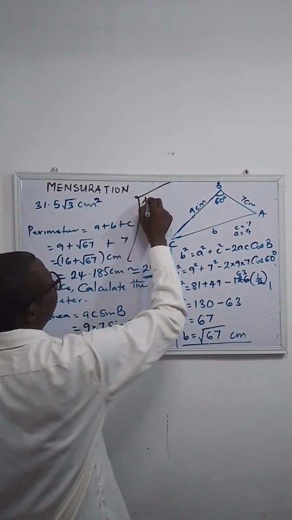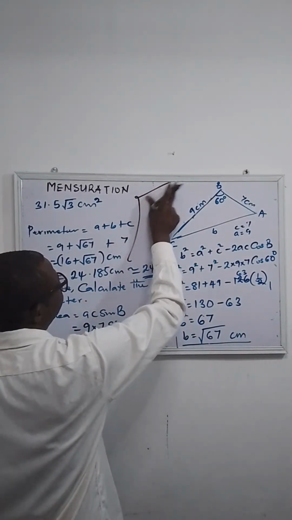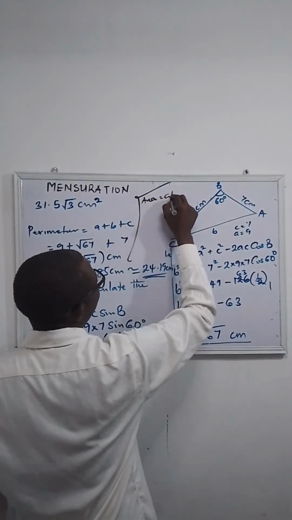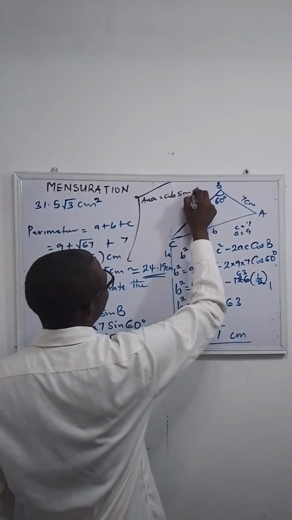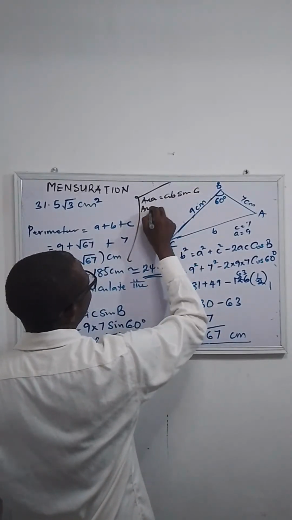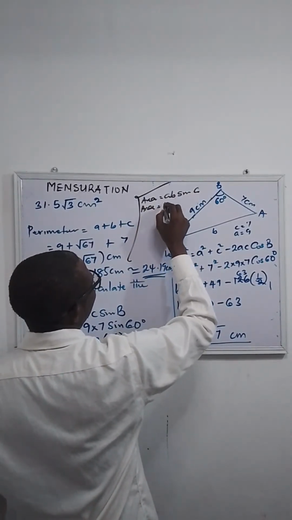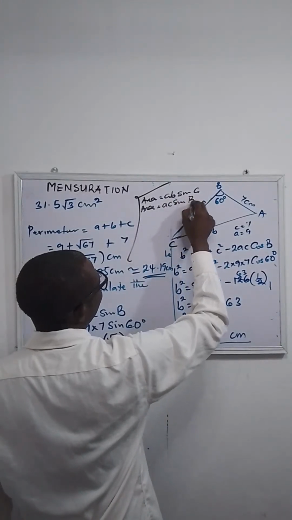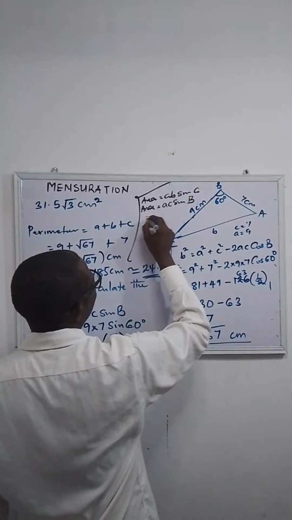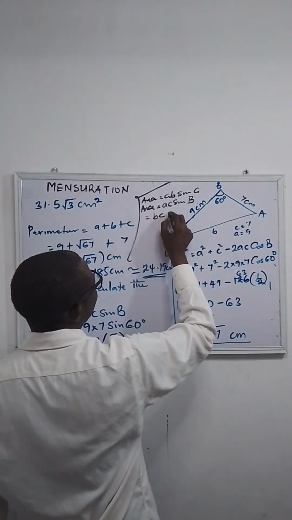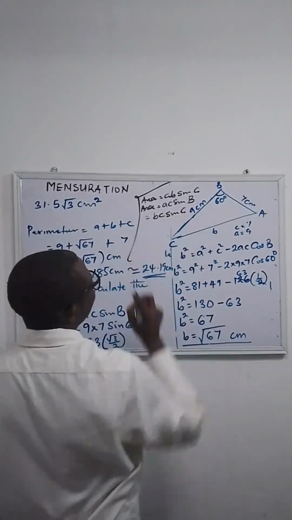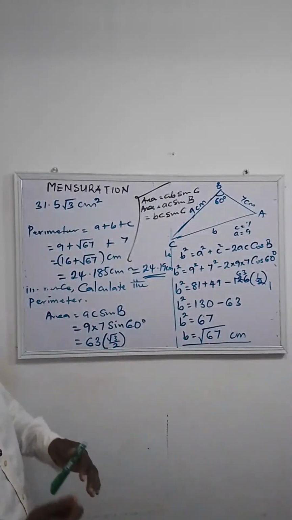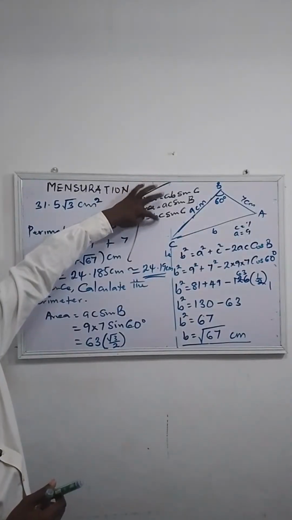We have area equals AB sine C. Next one, area is AC sine B. And the third one, area is BC sine C. Do you understand now? So now how do we know the one to use here?